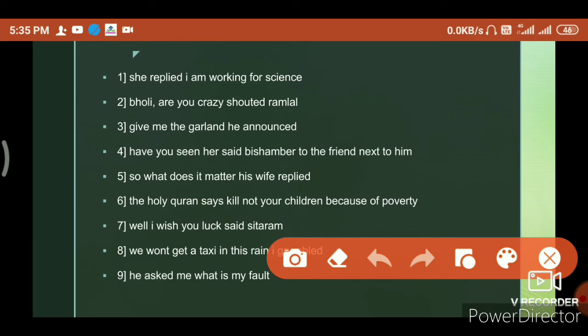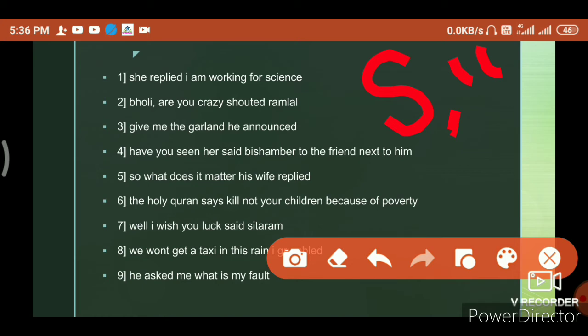In this sentence, here S is in the small letter. Just you have to use it in capital letter. Then after replied, you put the comma and double inverted commas.